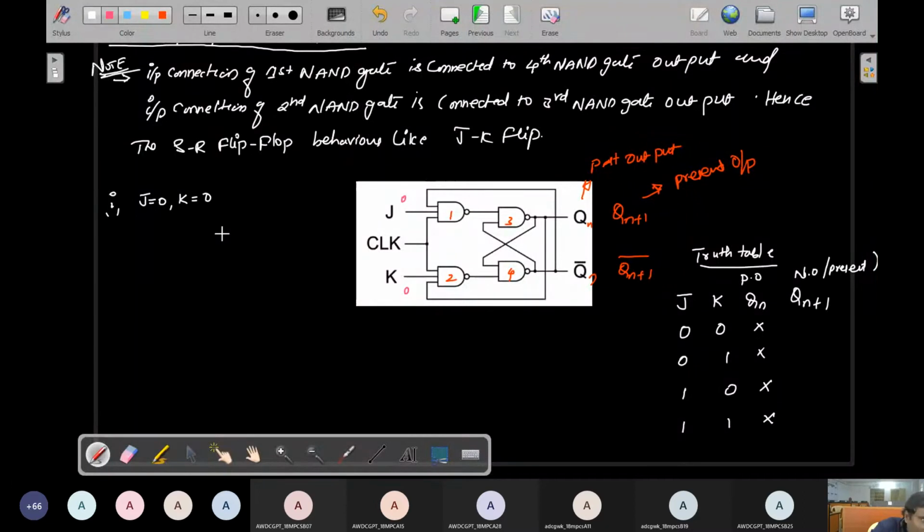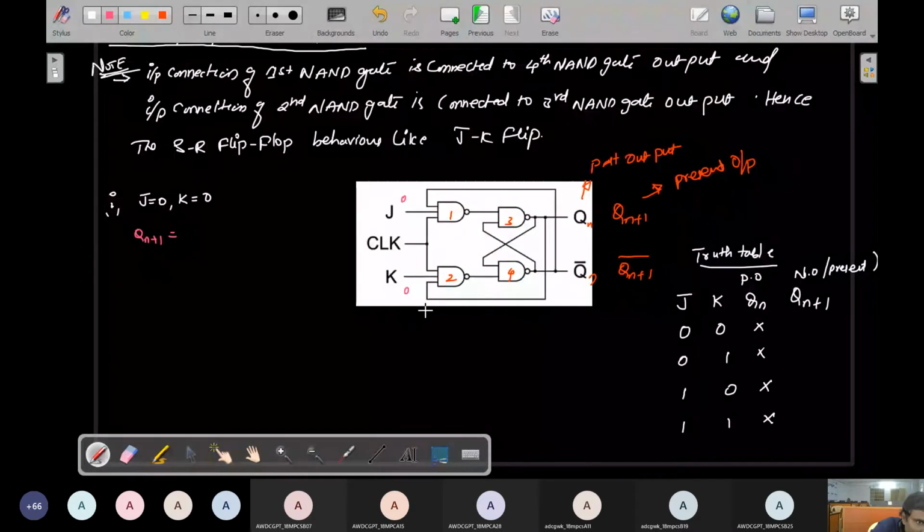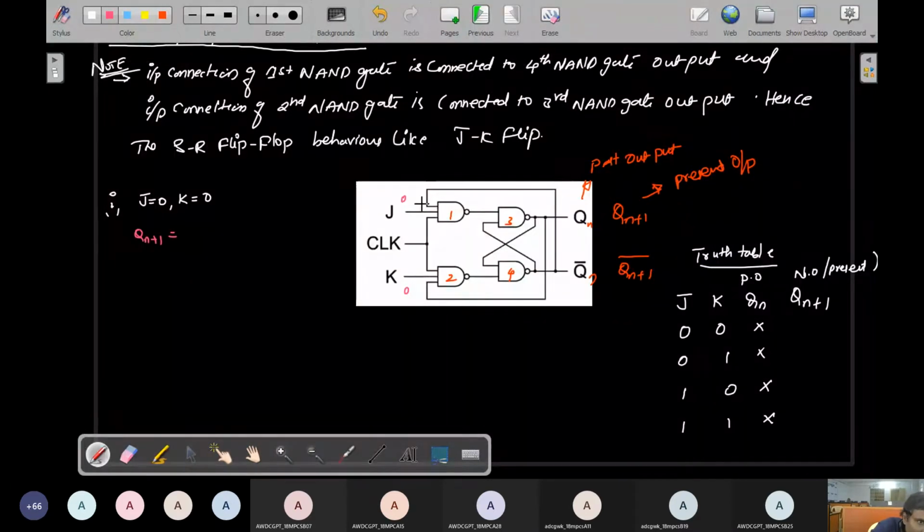Qn plus 1 is what I want to find out, the next state. For that reason, I apply J equal to 0 and K equal to 0. See here, this is the NAND gate.